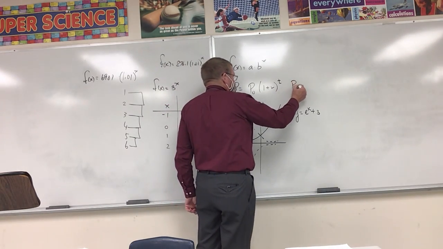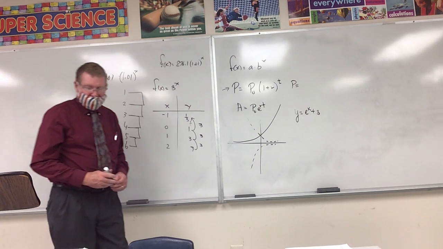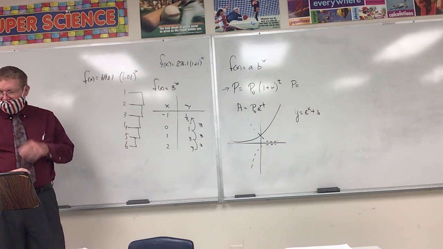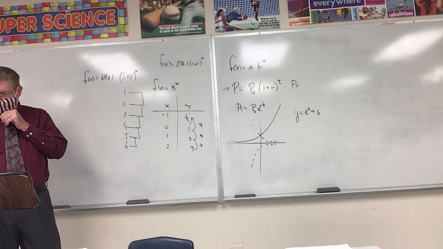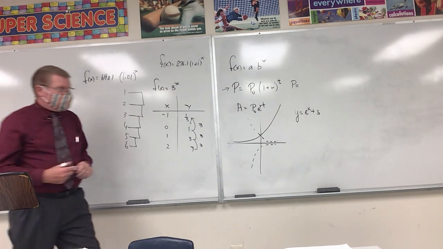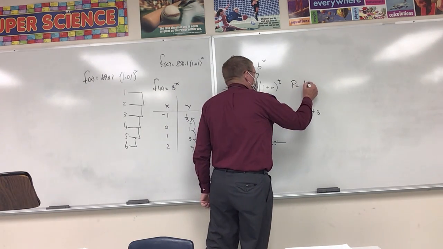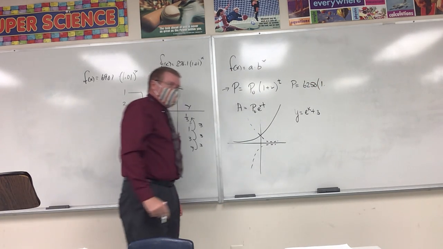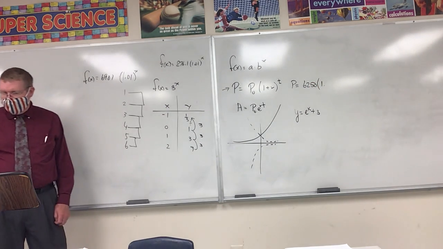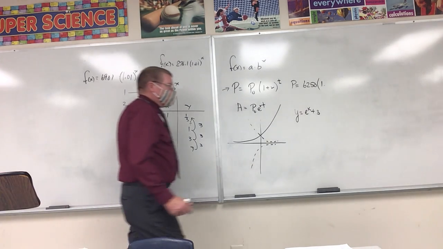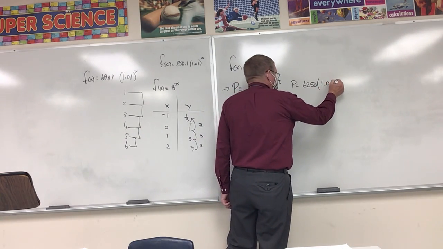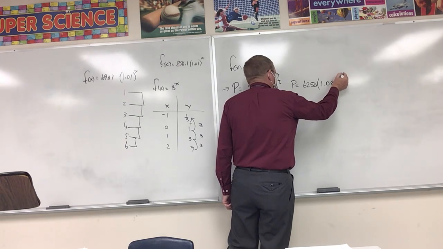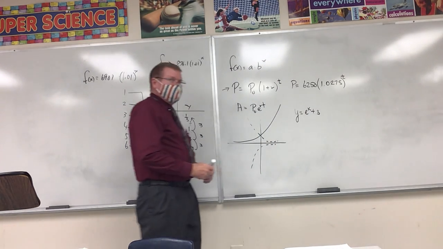We got P equals, what was my initial population? 6,250. What was my percentage rate of increase? 2.75. We changed that to a decimal. 0.0275. Correct?